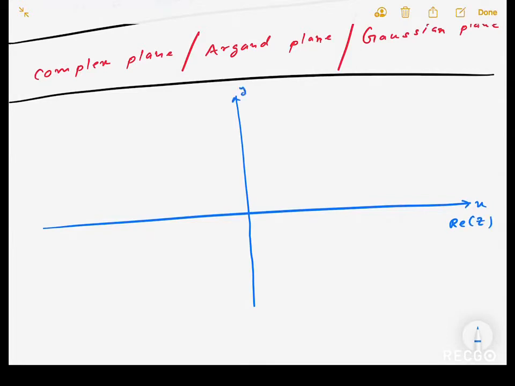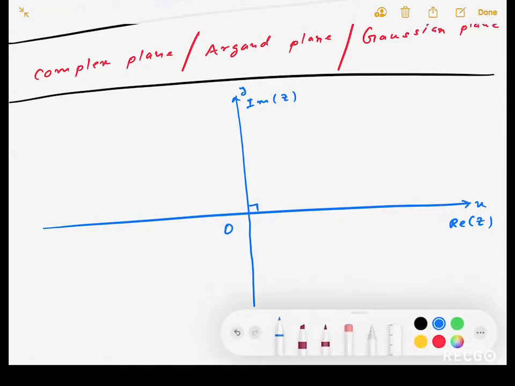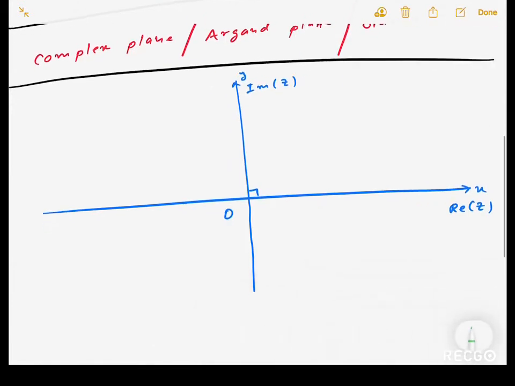The y-axis, the imaginary axis, represents the imaginary part of any complex number z. The point where both axes intersect is the same origin. Suppose z is any point equal to x plus iota y; this is the point whose affix is z. Affix means the same as coordinates in the Cartesian plane.